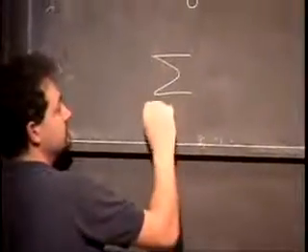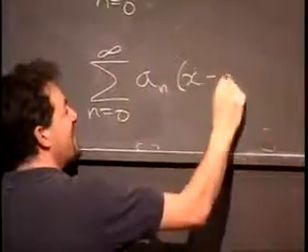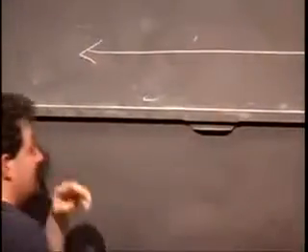Okay, so in general, what can we say about a power series, the sum of a_n (x minus a) to the n, and where it converges? Well, let's try to draw a little number line here. I want to put a little check mark above every number if it converges at that number x, and I want to put a cross if it diverges.